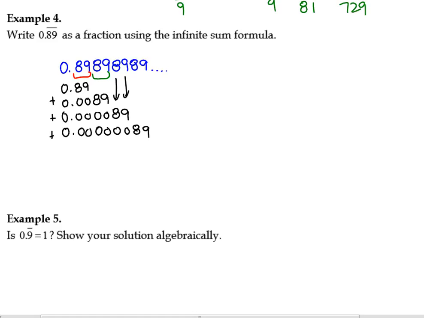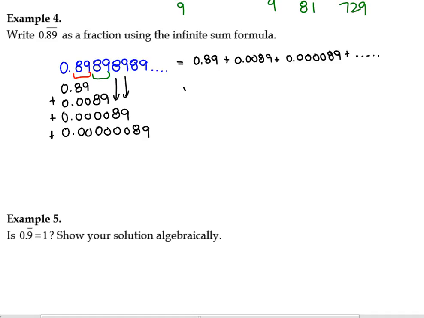Do you see how we're doing that? It's lined up that way maybe a little bit better. And so that forms a geometric series. 0.89 plus 0.0089 plus 0.000089 and so forth. So we're going to put that into the actual infinite sum formula.